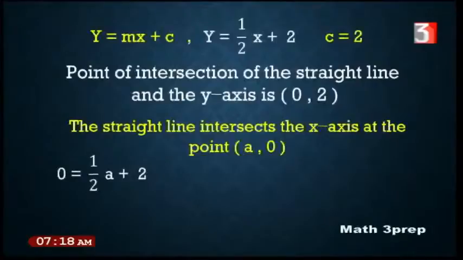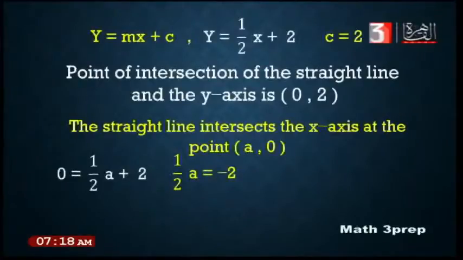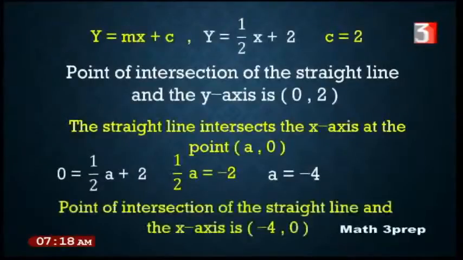Then by subtracting 2 from both sides, half x equals negative 2. To find the value of x, by dividing both sides by half, the value of x will be negative 4. So we can say that the point of intersection of the straight line with the x-axis is (negative 4, 0).